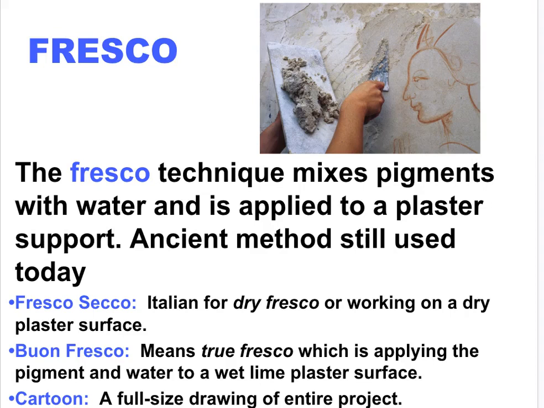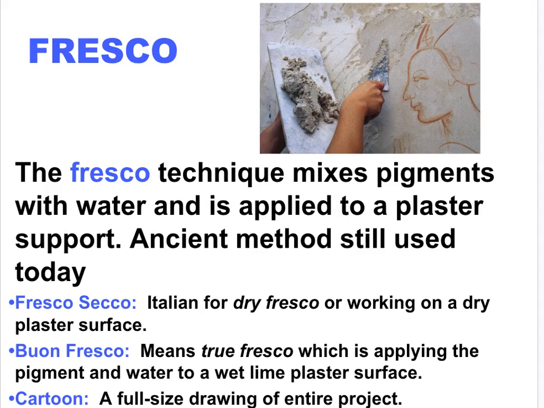So that picture's pretty good there to show you how you work with fresco. Both those techniques, encaustic and fresco, are very time consuming and, like I said, a high level of skill. I don't think an inexperienced person can just jump in and start doing this for it to work very well. You have to understand plaster, first of all.